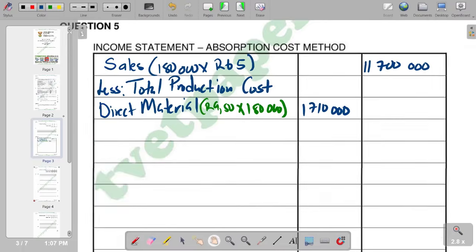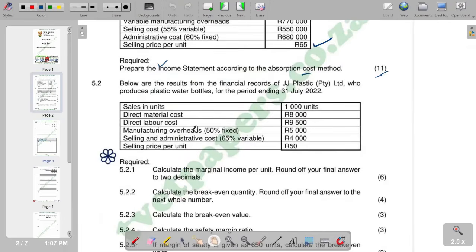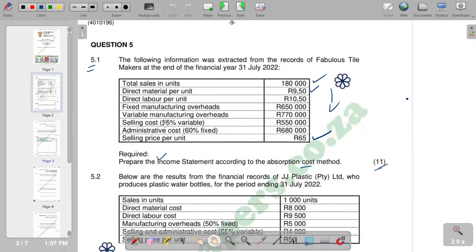Next we have direct labor cost, which is given as direct labor per unit 10 rand 50, which is per unit again. So we multiply 10 rand 50 by 180,000.